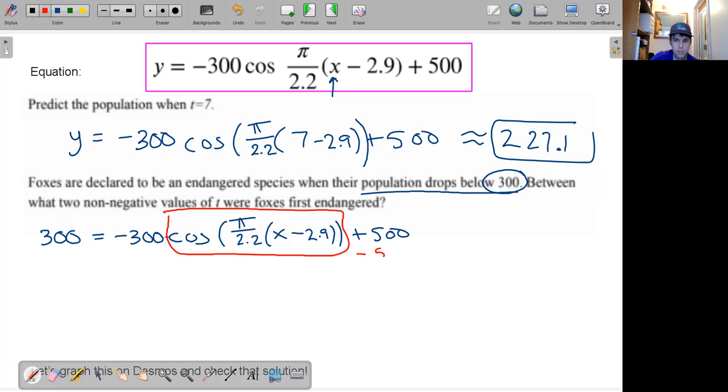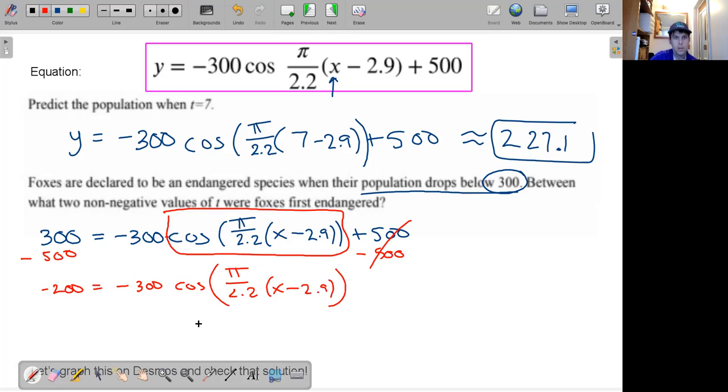Let's do this, subtracting 500. We get negative 200 equals negative 300 cosine. Again, we have to divide this multiplier, this a value in front, so I have to divide by negative 300.